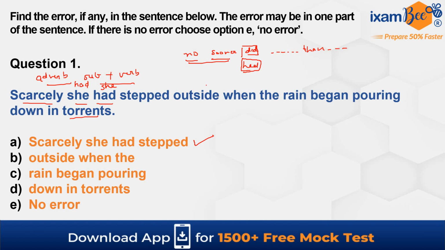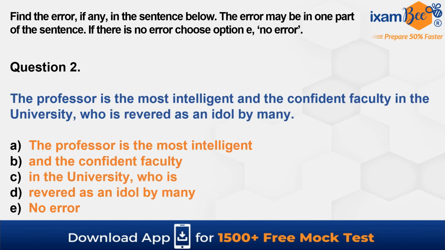Okay. So let's move to the next question now. So question 2. The professor is the most intelligent and the confident faculty in the university who is revered as an idol by many. So here is a professor. There is a subject called professor, and certain qualities of the professor are being described here.